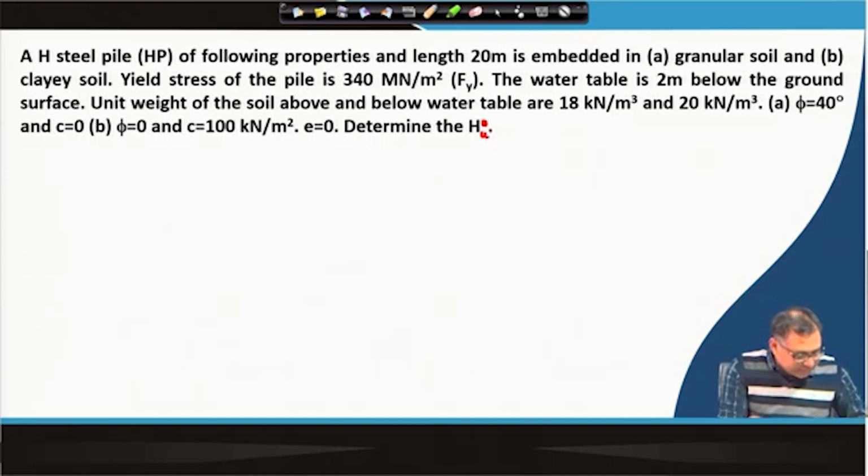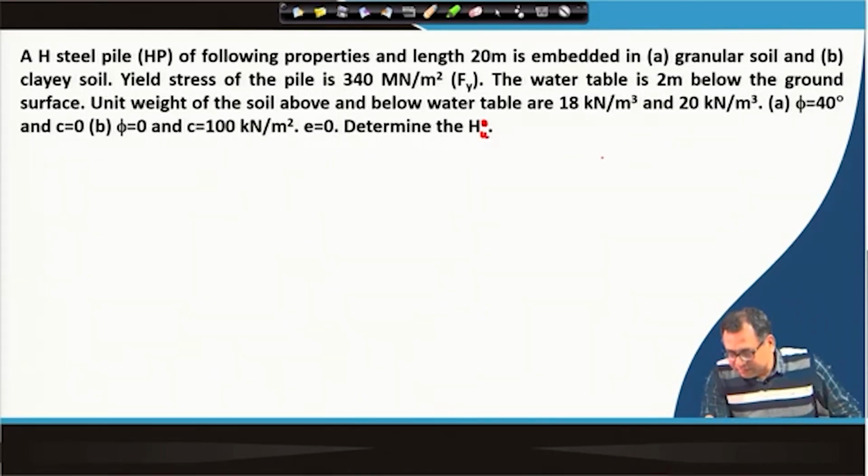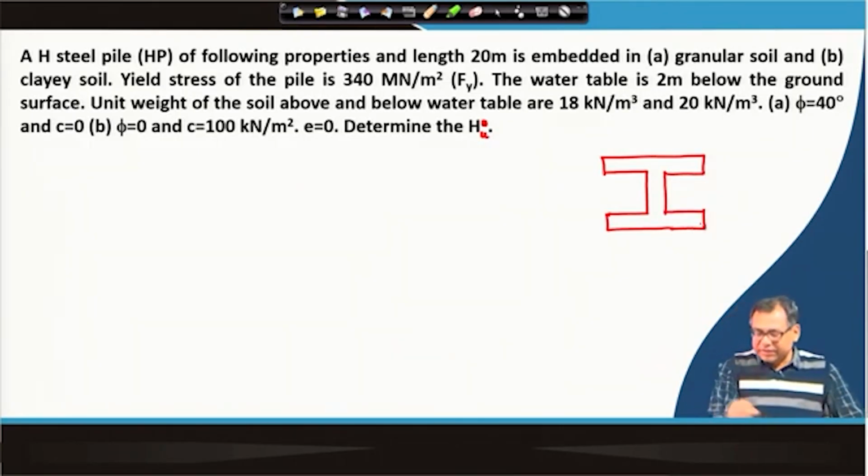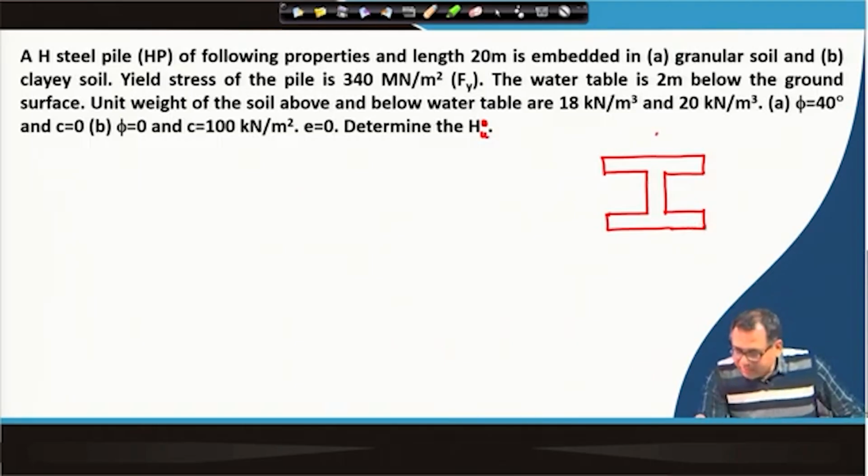For this H section, I am giving the details of the section. It is a steel pile with H section, this is the H section, this is the y axis, and this is the x axis.